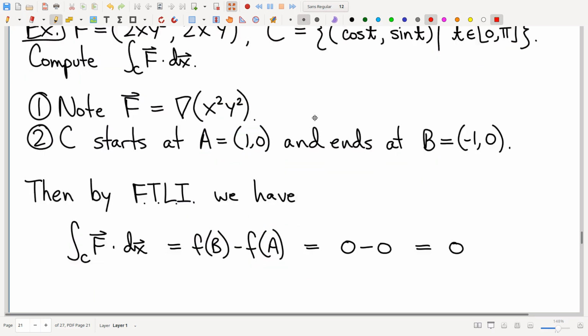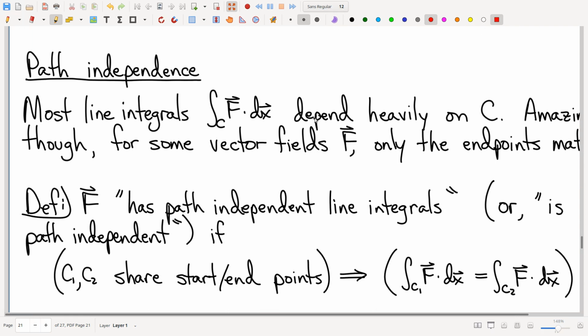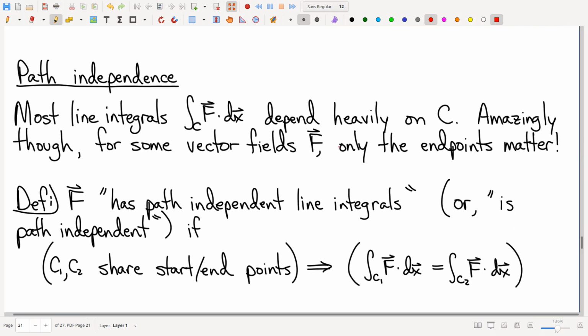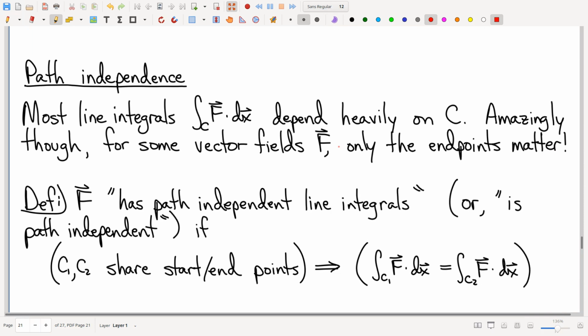There is a related idea called path independence, and I'm going to segue into this for dramatic purposes by trying to make the case that this should not be possible. And it really feels like it shouldn't be possible.